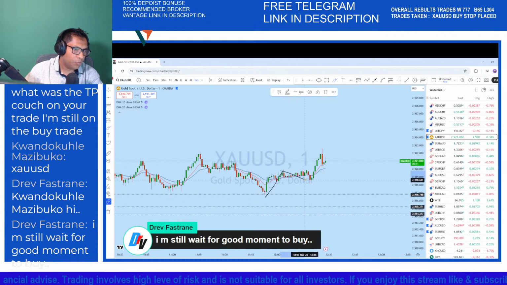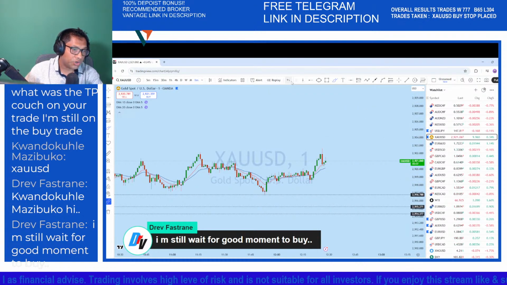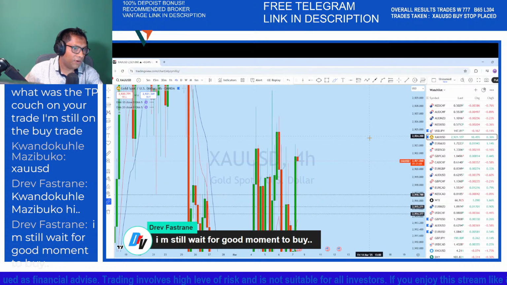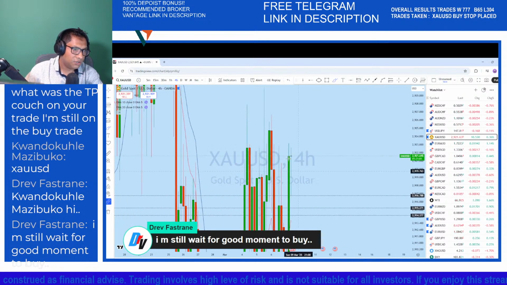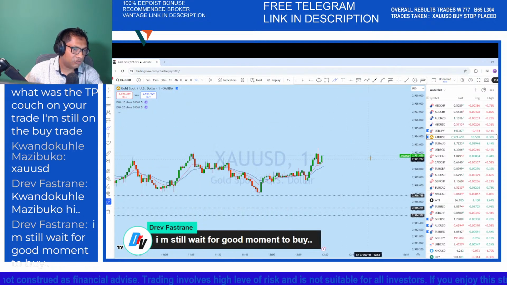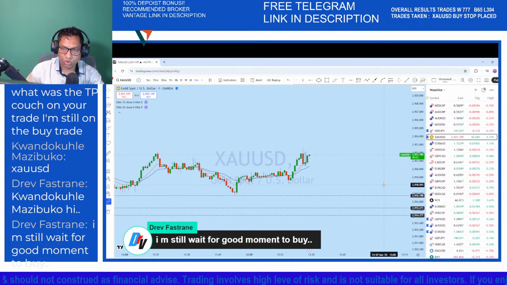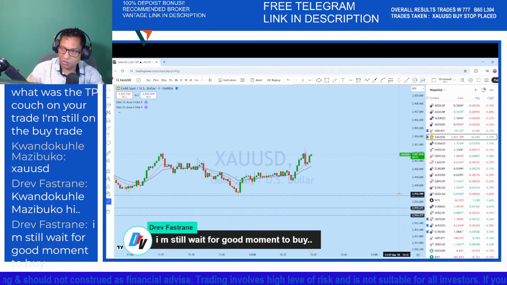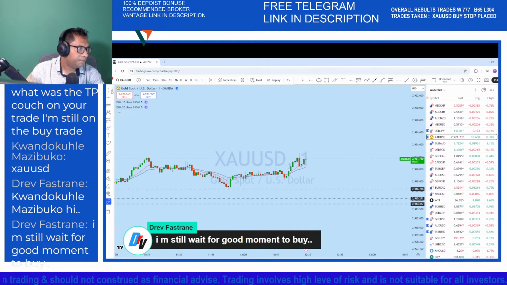You can see one more pullback, another more pullback. For me to jump on the trade, I would like to see that trend continuation. And as NFP is coming in just a matter of an hour, we have to be cautious on our entry, so that we are not entering into a trade which is not going in our favor.